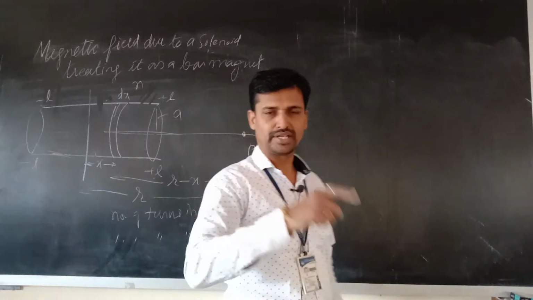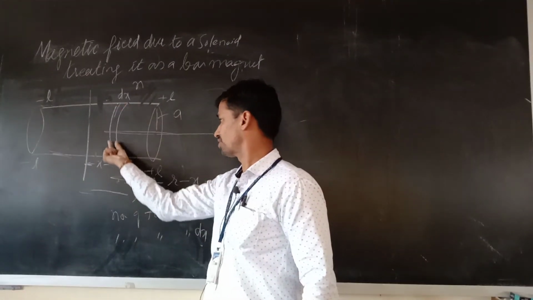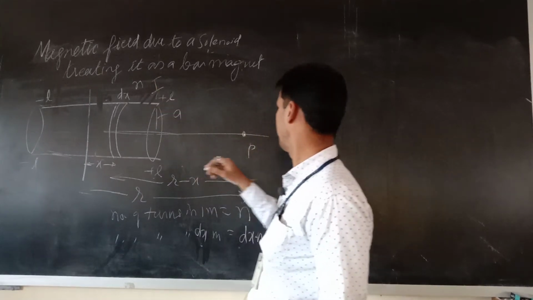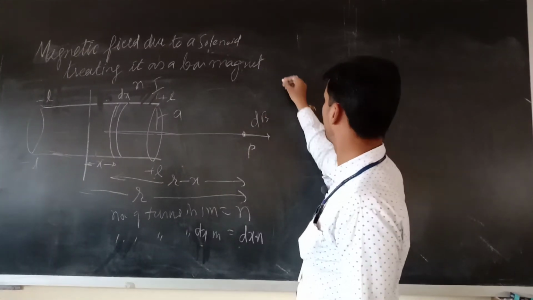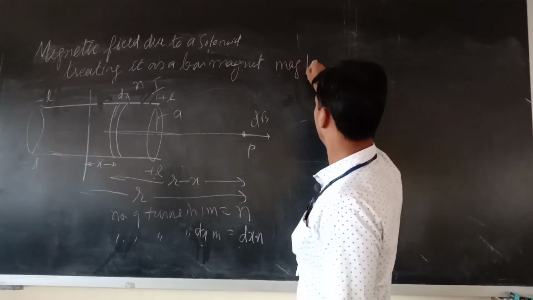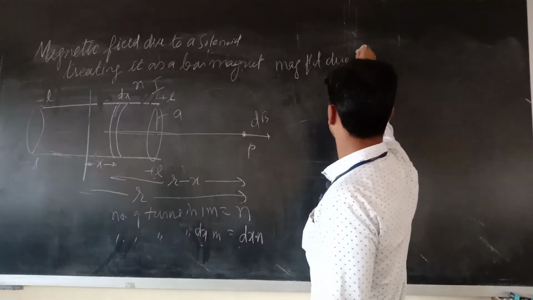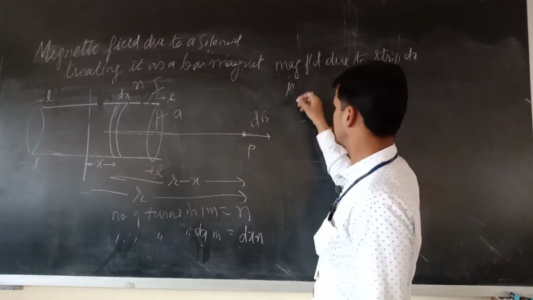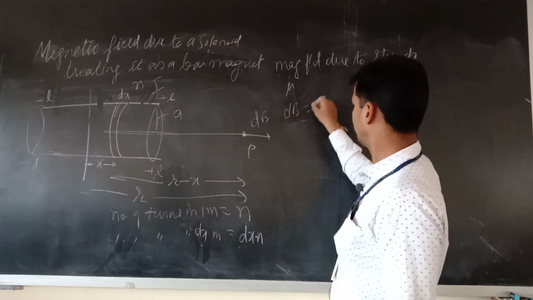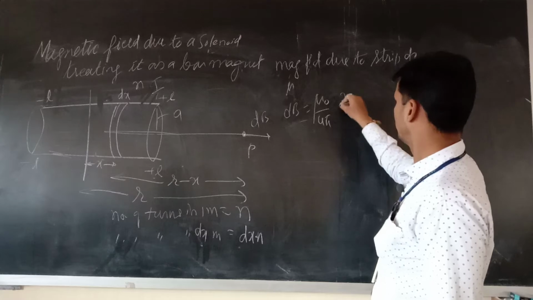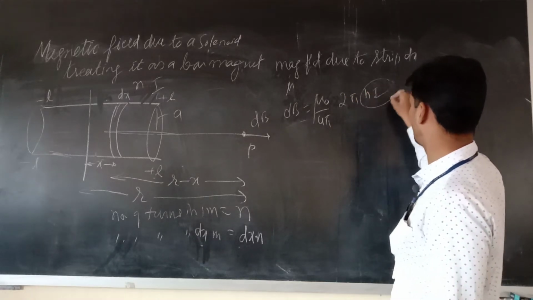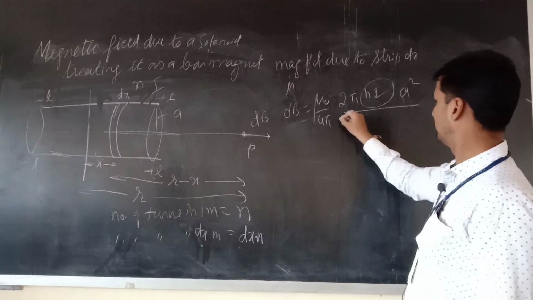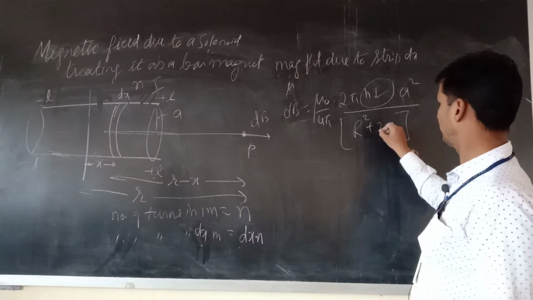Okay, fine. We will calculate the magnetic field due to this dx portion at point P if the current in each wire is I. In each turn, the current flowing is I. We have the magnetic field dB due to strip dx. dB is equal to mu naught upon 4 pi, 2 pi n I, radius square, and what is the radius but a, so you should write a square, divided by, our formula was r square plus x square raised to 3 by 2.